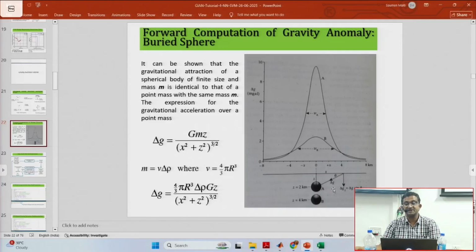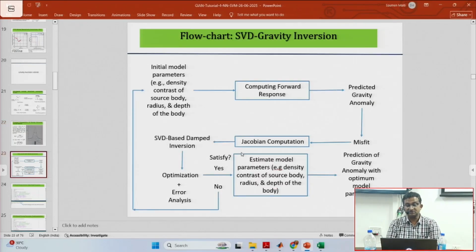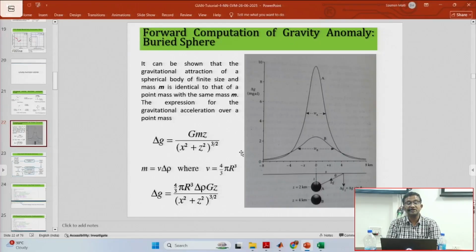So depth, size, and the density. These are the parameters to be estimated from your observation. So here this del G is your gravity anomaly component, and let us take a sphere. The formula we can use to calculate the del G, right?